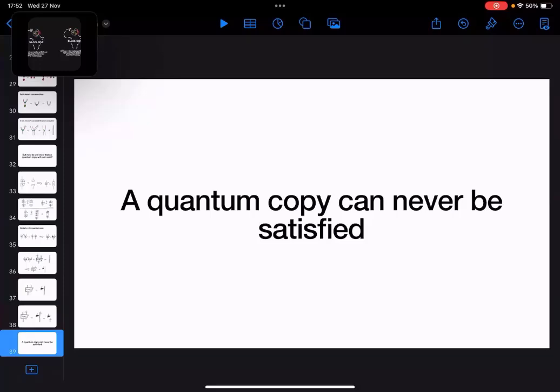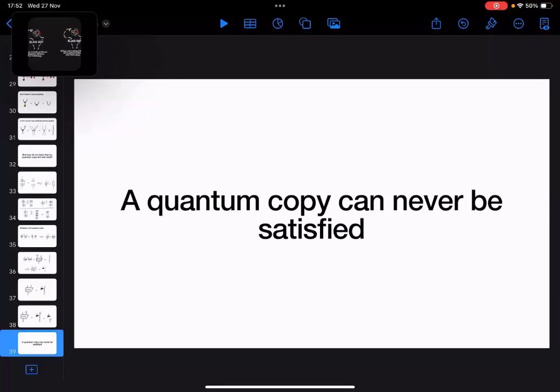Again, any questions? I'm going to wait a couple more minutes. Is there no cloning? They call it the no-cloning theorem, is that the same thing as no quantum copy? Yes, the no-cloning theorem.